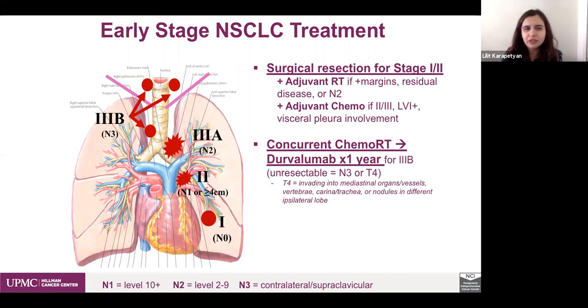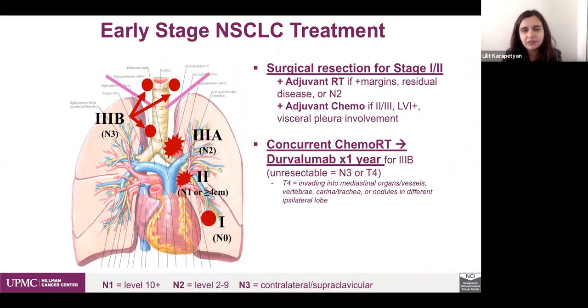If you have stage 3B disease, which is not on one side of the lymph node panel, like contralateral lymph nodes or higher levels like supraclavicular, you would need to do chemotherapy with radiation therapy. This is generally not a cancer where you take someone to surgery.